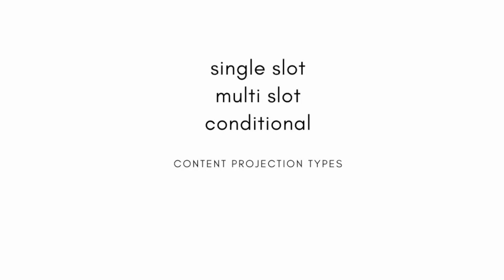With this pattern, you must specify where you want the projected content to appear. You accomplish this task by using the select attribute of ng-content. And then of course you can use the conditional one as well. If you don't want to show these slots, you don't need to. One of the examples that I already told you about is mobile versus desktop.